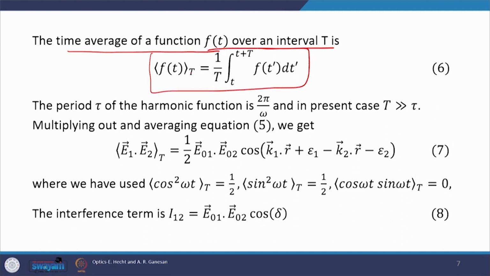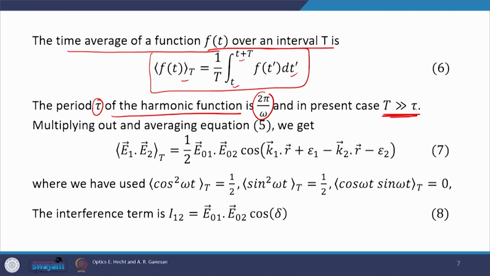The time average of f(t) is equal to 1 by T times the integral of f(t prime) with respect to dt prime within the limits small t to small t plus capital T, where the period tau of the harmonic function is given by 2 pi by omega, and it is assumed that tau is the period of f, which is a harmonic function, and this period must be much smaller than capital T.